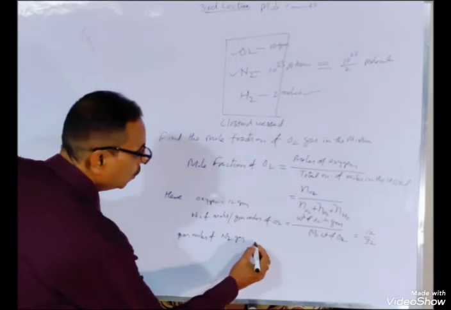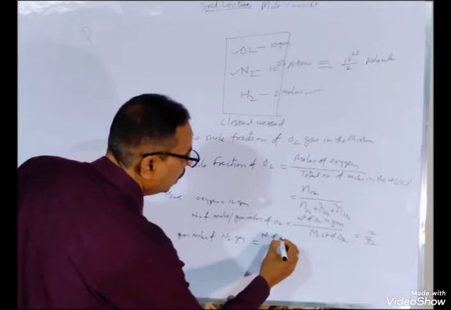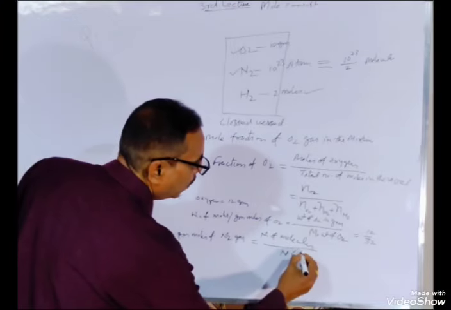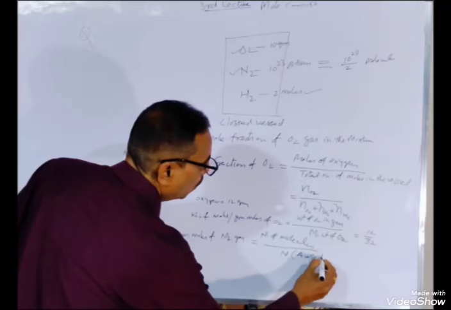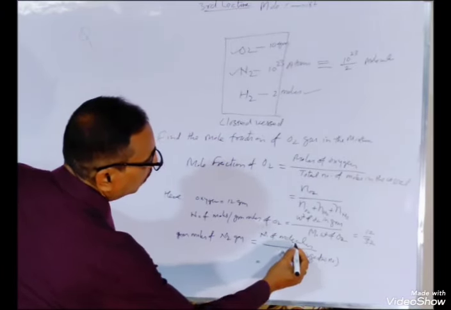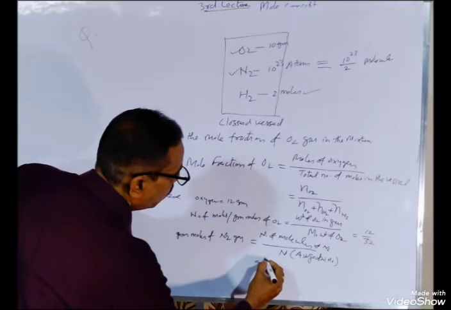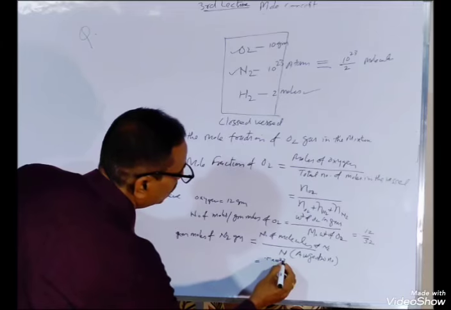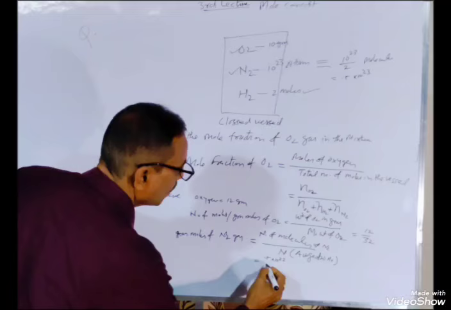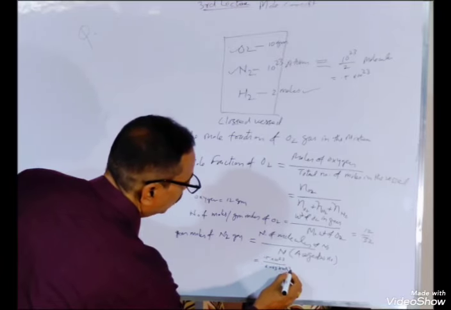Here gram moles of N2 equals the number of molecules divided by N, where N means the Avogadro number, that is 6.023. The number of molecules of N2 is 0.5 into 10 to the power 23. This is 0.5 into 10 to the power 23 divided by N, 6.023 into 10 to the power 23.